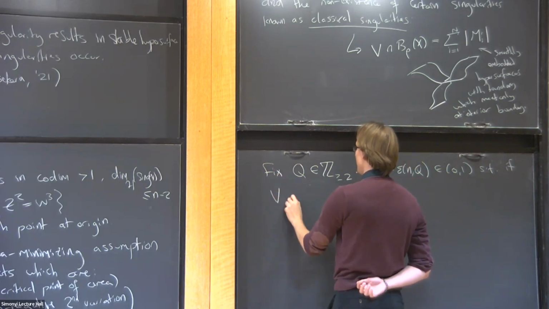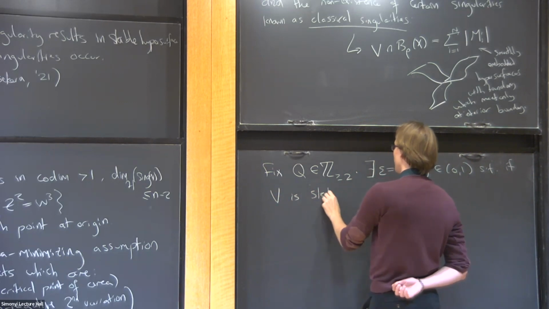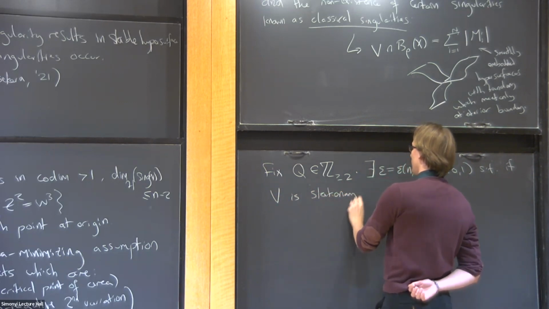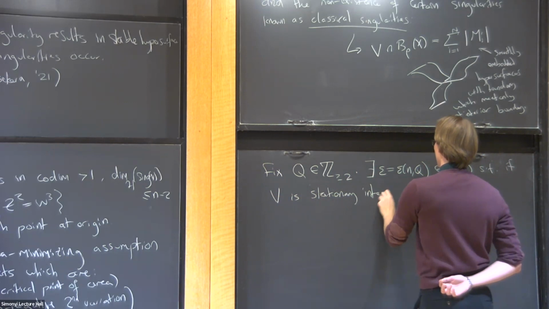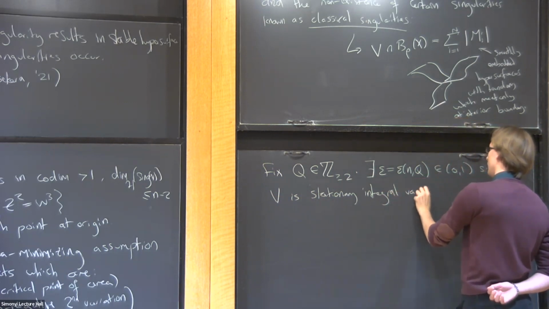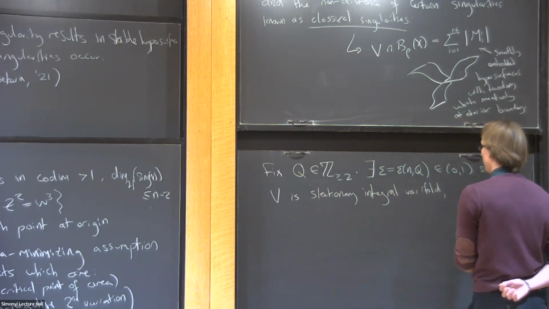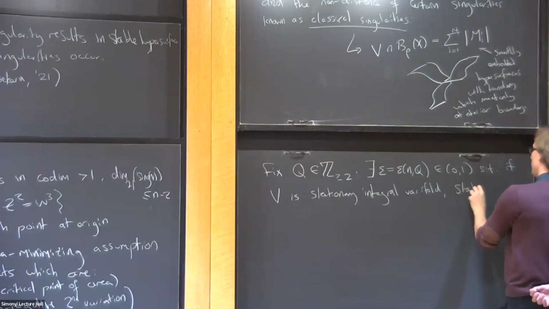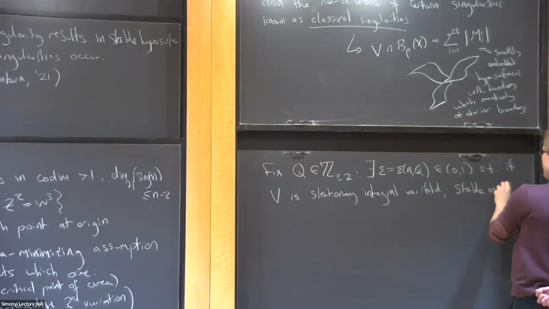if V is a stationary integral varifold, it's stable on its embedded part.